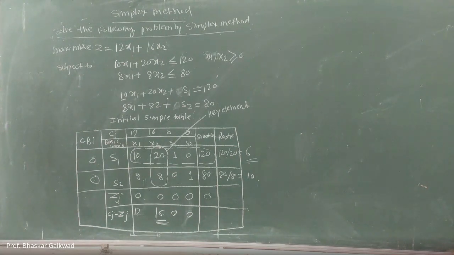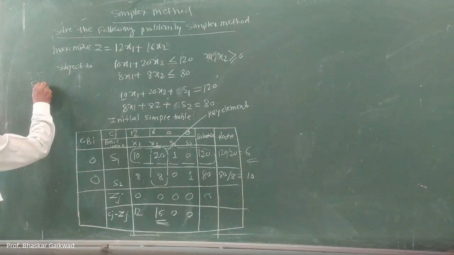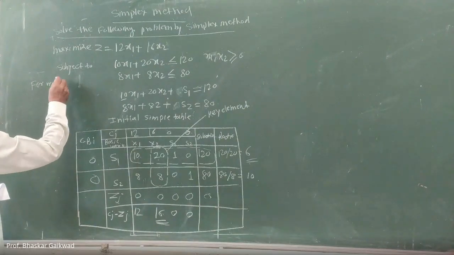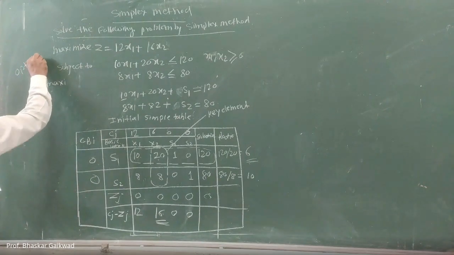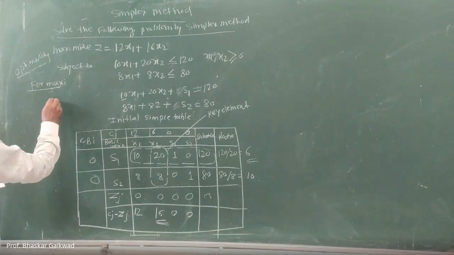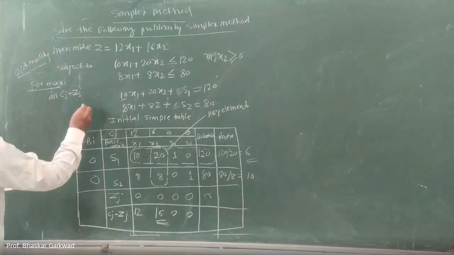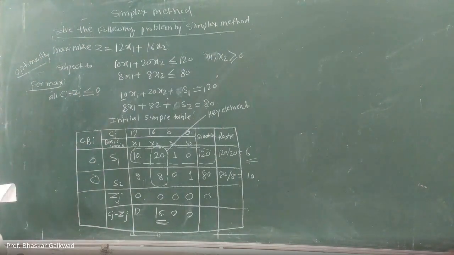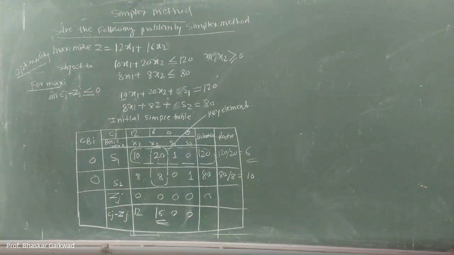For maximization, the optimum condition is that all Cj minus Zj will be less than or equal to 0. That is, Cj minus Zj may be minus or 0.